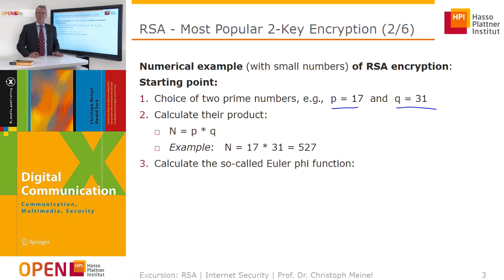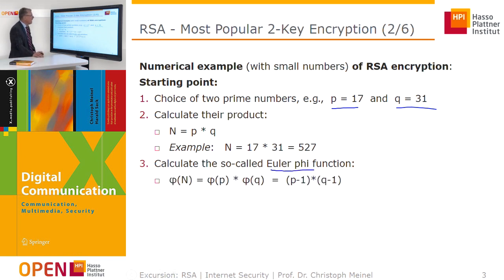Then, in the next step, we have to calculate a special mathematical function, the so-called Euler phi function. In case a number is a product of two prime numbers, this Euler phi function can be computed very simply, because the Euler phi function of a prime number equals the prime number minus 1.